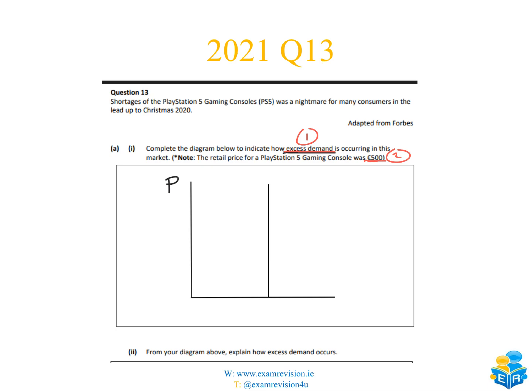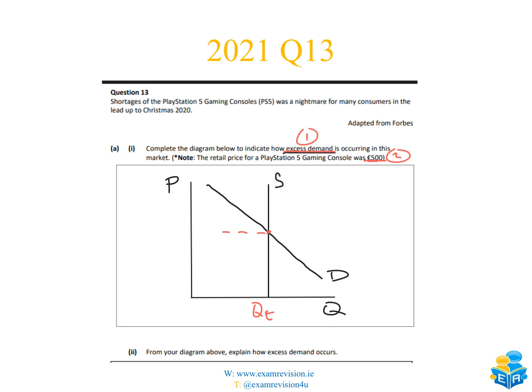So straight away, we always put in P and Q, your price and quantity, and we label our supply curve S. That's already there, so again marks for all these straight away. We're then going to draw a normal demand curve, a downward sloping demand curve from left to right, and label that D. Then we mark in our point of equilibrium, where supply and demand meet, and we call that QE for quantity equilibrium, and we go across.